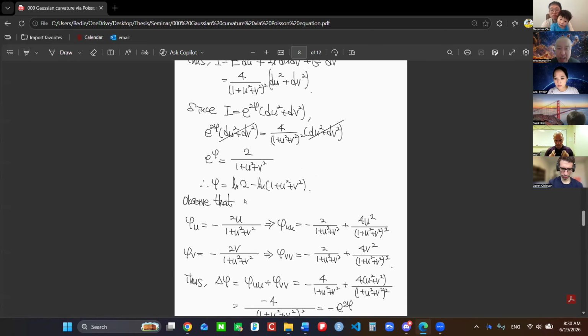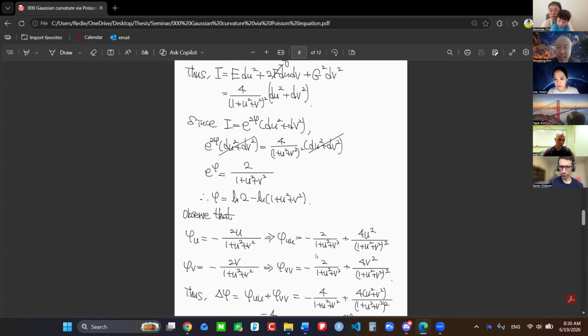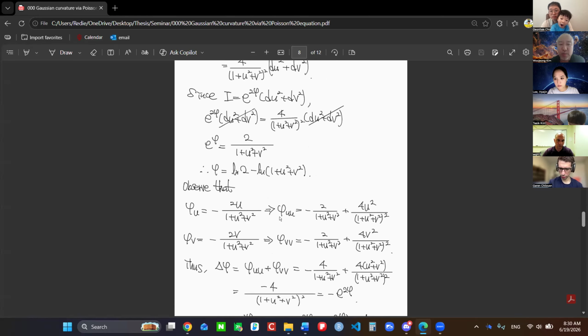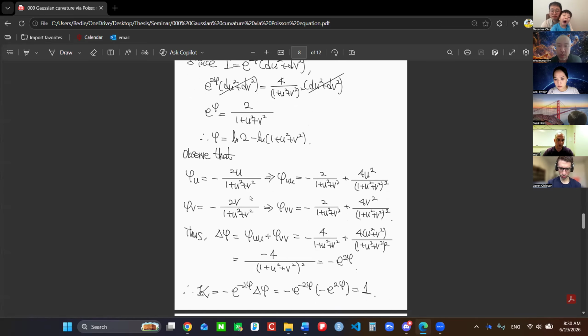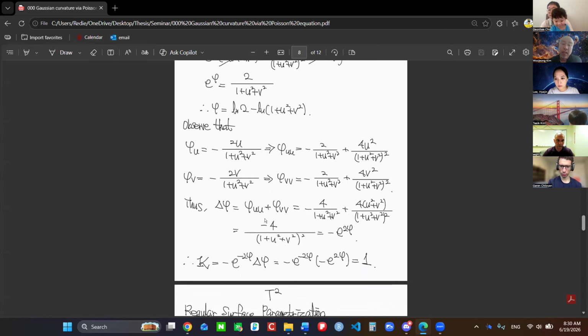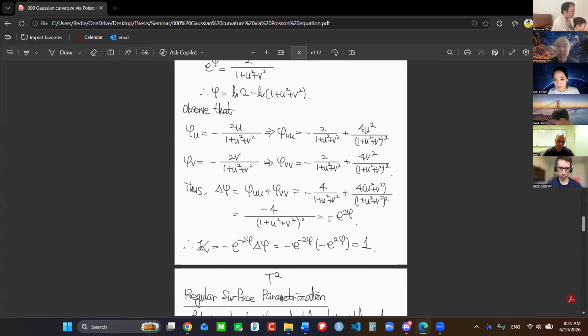I believe we can find this value using the quotient rule. And the Laplacian is defined as this, the second partial derivatives. So we can just substitute these values into this, then we have this result.